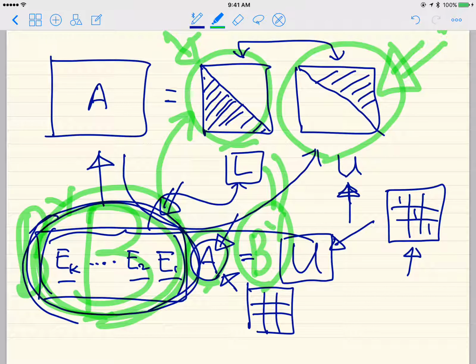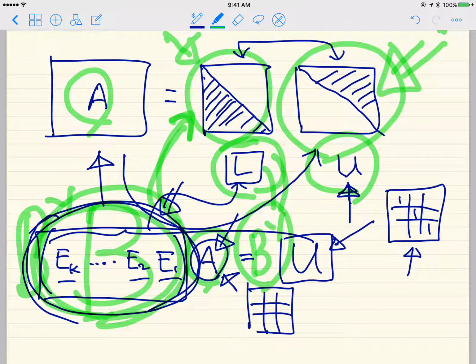But if we can answer yes to both of those questions, then we can change this row reduction into a matrix factorization form, where we represent the matrix A as the product of these two matrices L and U, where L is lower triangular and U is upper triangular.